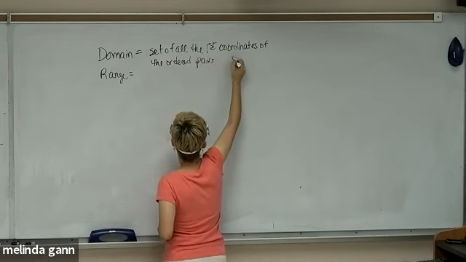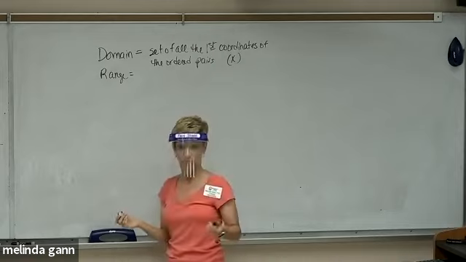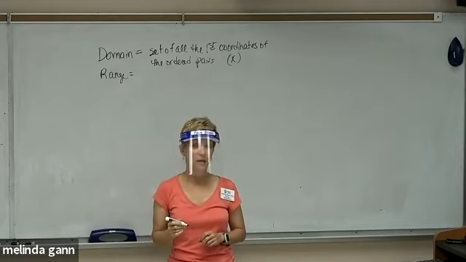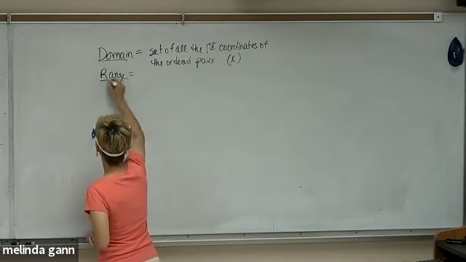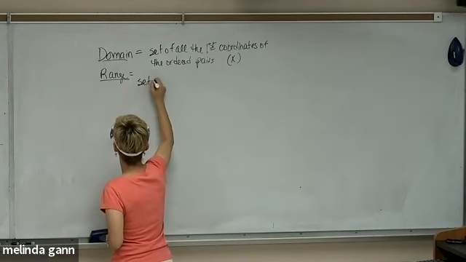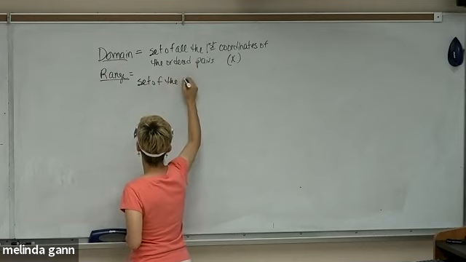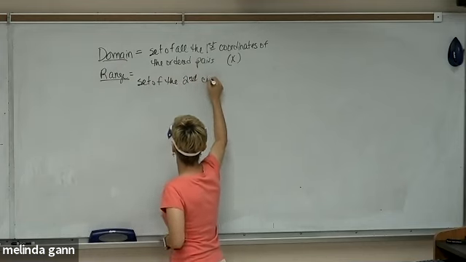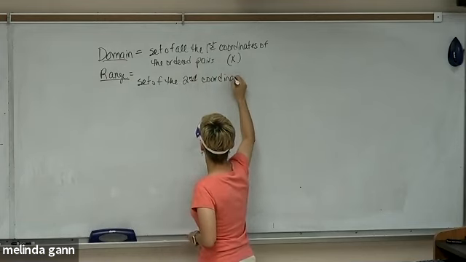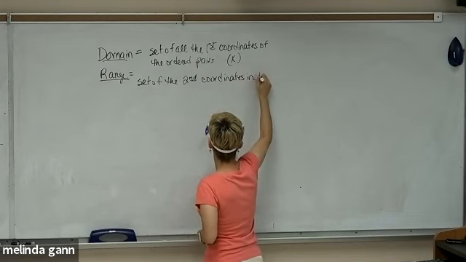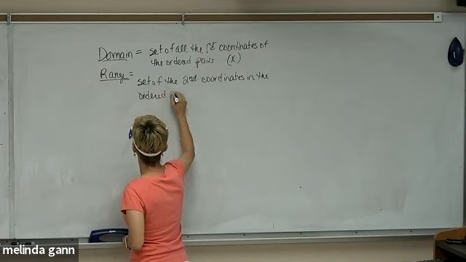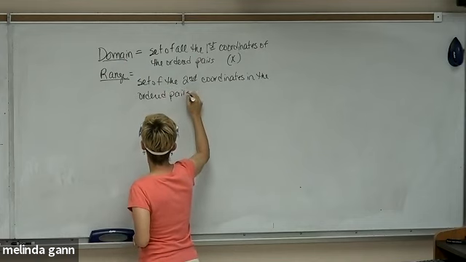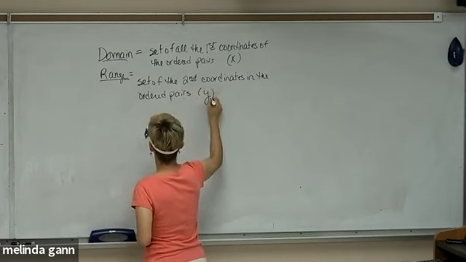In other words, you would think of it as your x's, most of it, okay? But all points aren't x, y, okay? Your range is the set of all the second coordinates in your ordered pairs. In other words, you would think of that as a set of your y's.